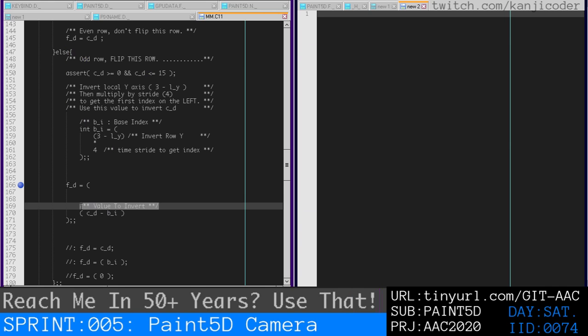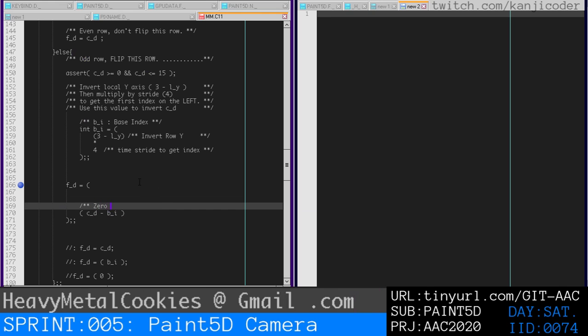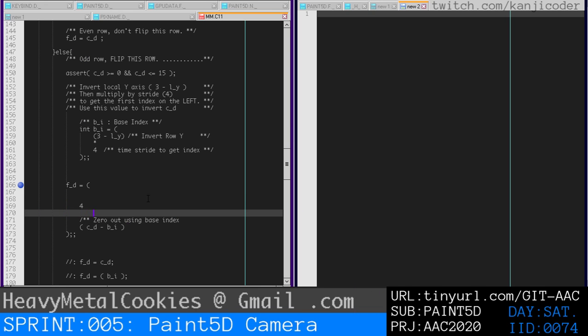So zero out using base index. And then we're gonna flip it. So 4 minus, no, 0 to 3.